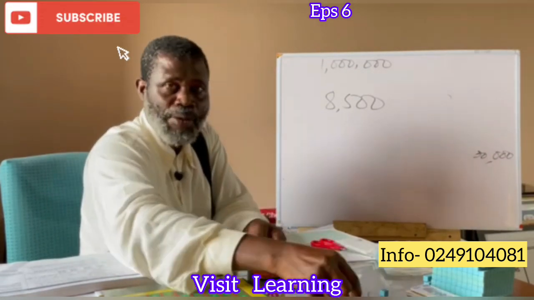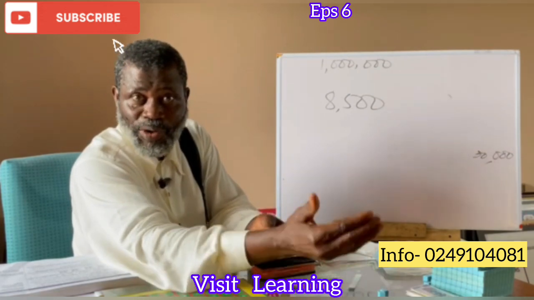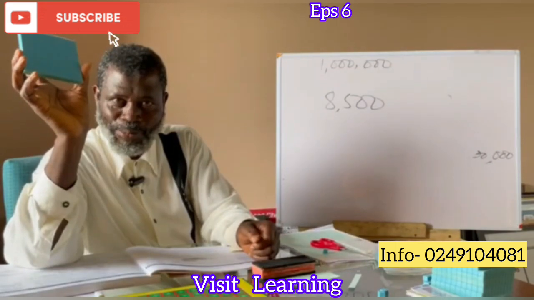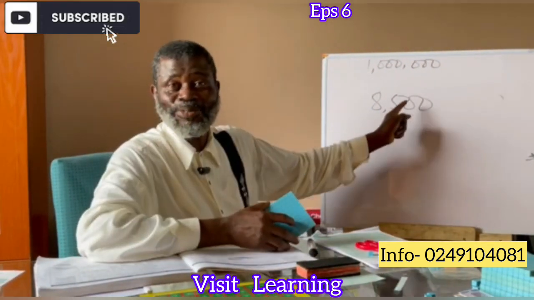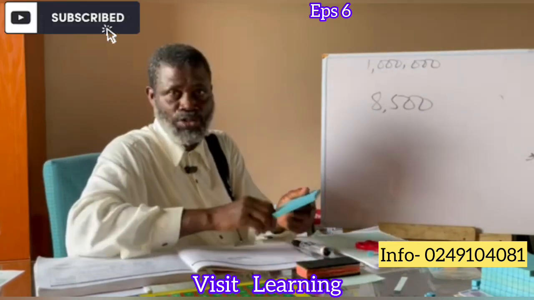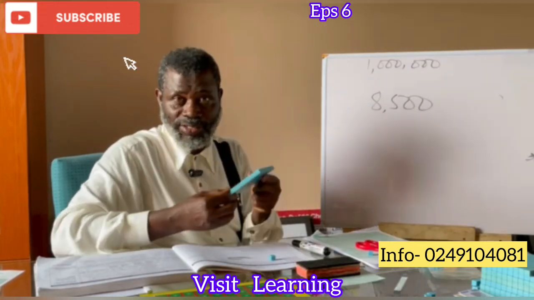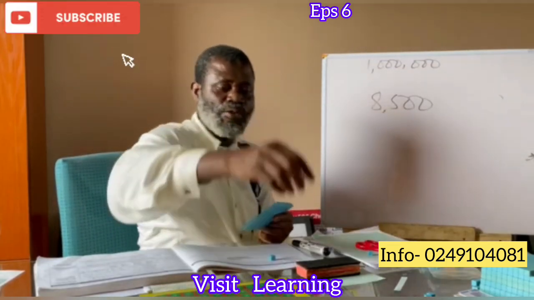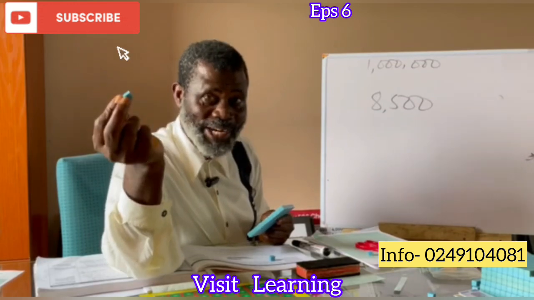Then the rod will be how many? 1,000. 10 of the 100 will be 1,000. Then the flat is going to be 10,000. It means it goes beyond the quantity that has been given. What it then means is that I just have to think about how many rods I need. I may need 8 of the rods, all right? And the 500 here will be 5 of these smallest units, because I said 1 should be 100.